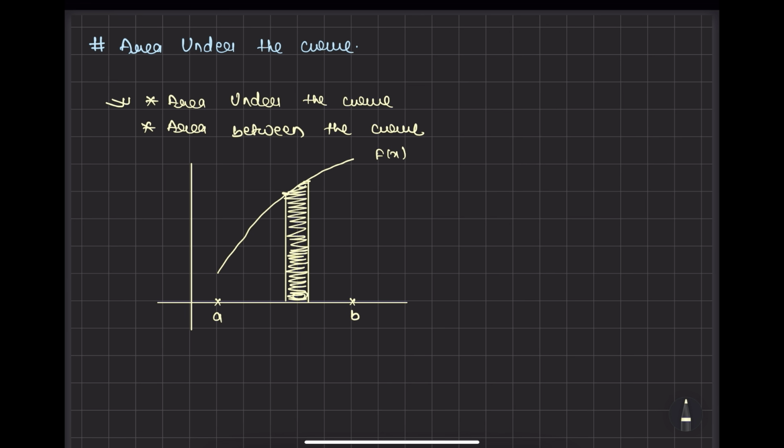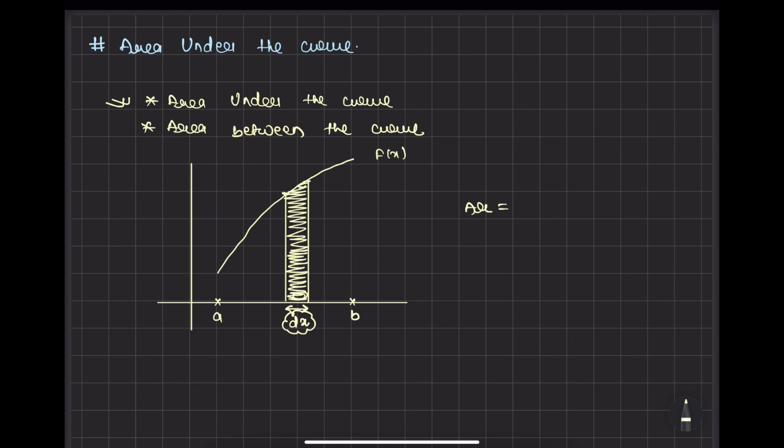First find the area of this rectangle. What is the width? It is very small, a very small part of x, so it is dx.